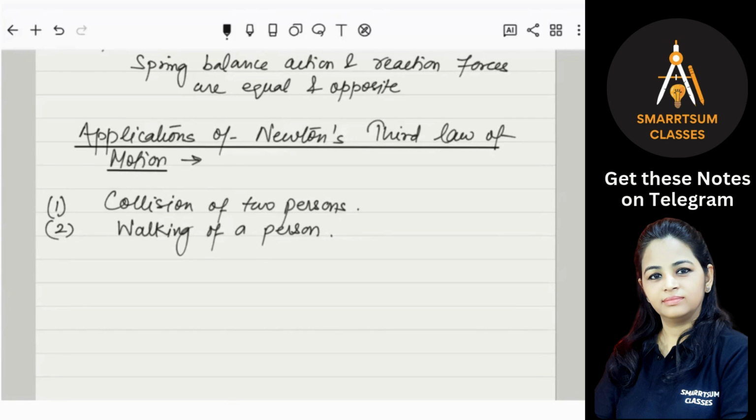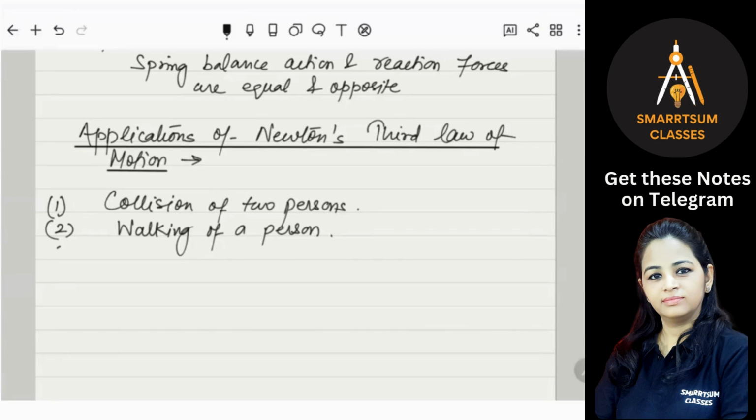So while walking, you are actually pushing the ground with your foot, right? And an equal and opposite force, the ground is applying on your foot in the opposite direction, and this enables the person to move in the forward direction against the push. So we are able to walk because of Newton's third law of motion, that is action-reaction.